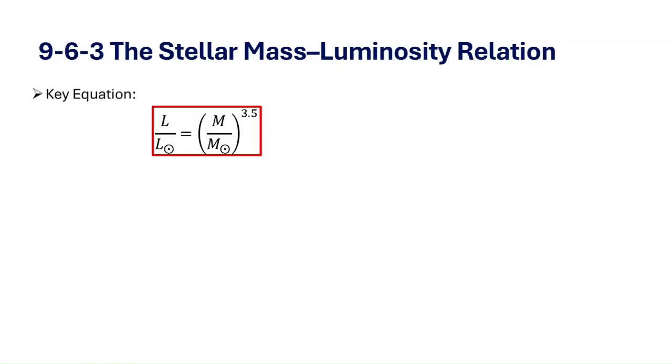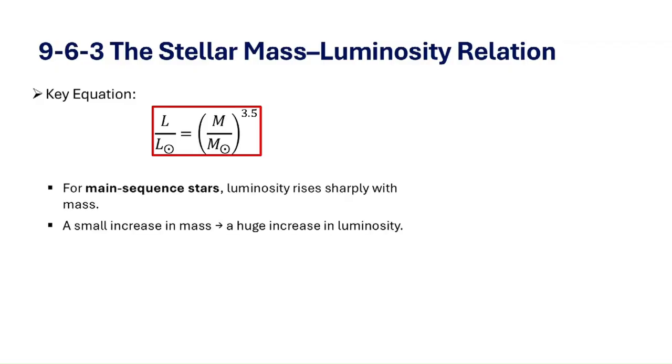L over L Sun equals M over M Sun raised to the power 3.5. So this equation tells us that even a small increase in mass results in a very large increase in luminosity. So for main sequence stars, luminosity rises sharply with mass.